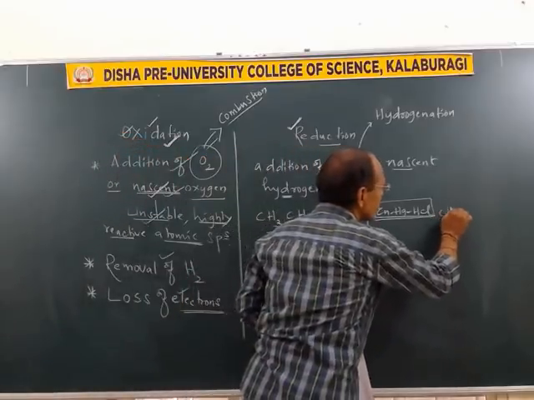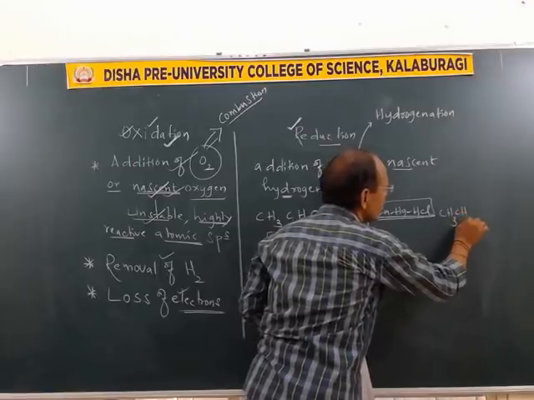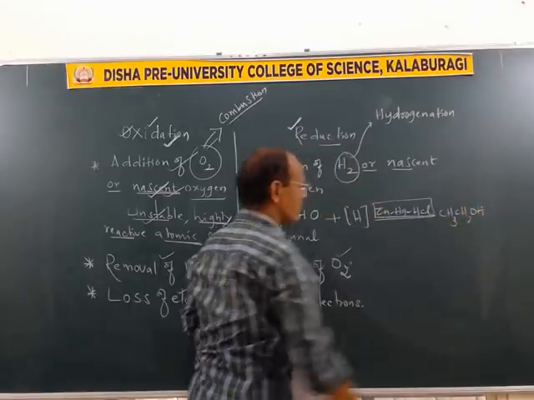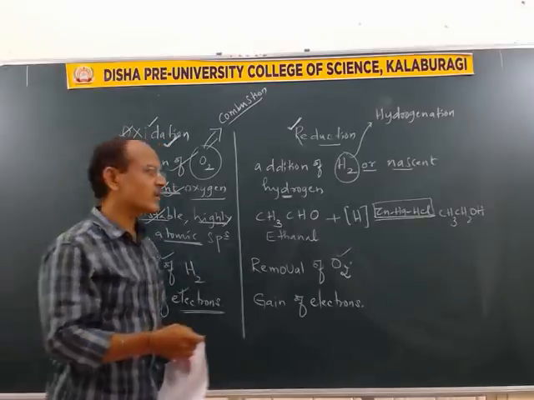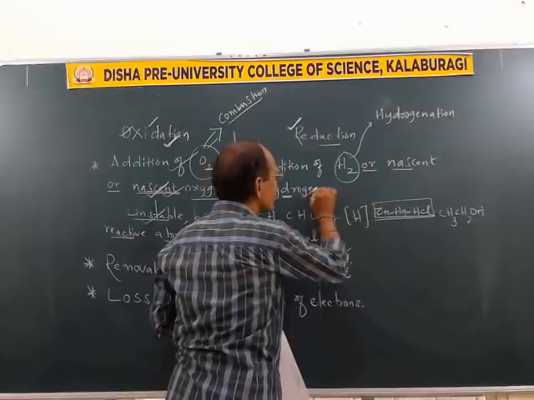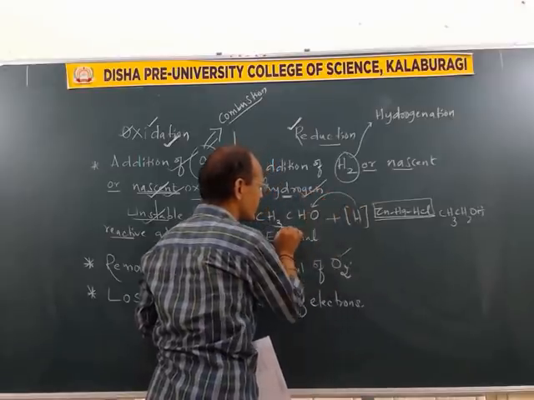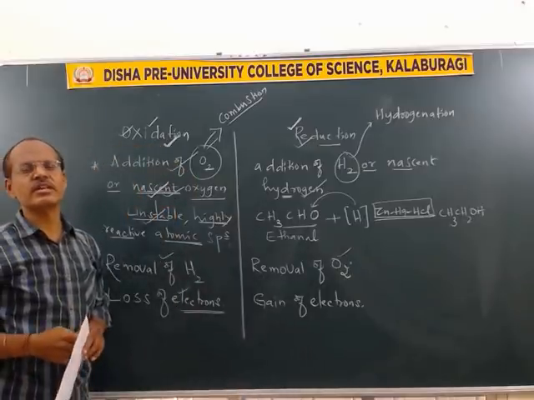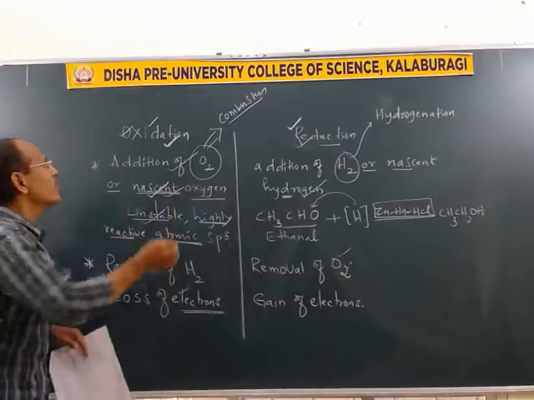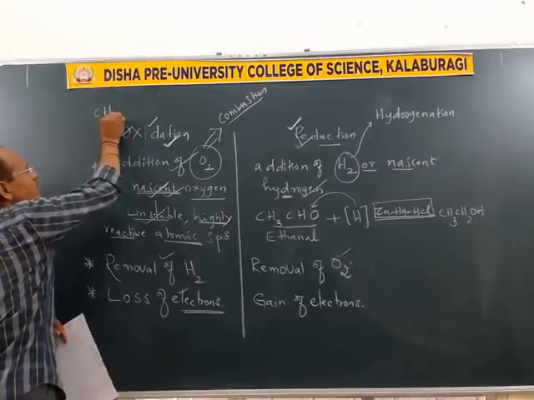Then you get CH3CH2OH. Now, what type of reaction? Here addition of nascent hydrogen to the reaction is nothing but reduction.